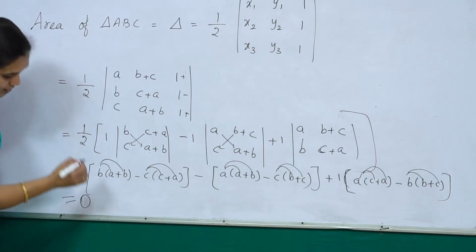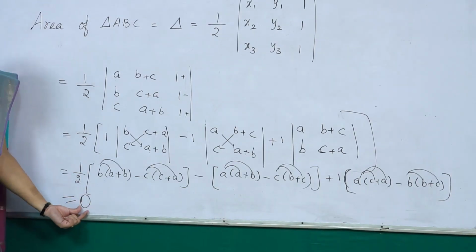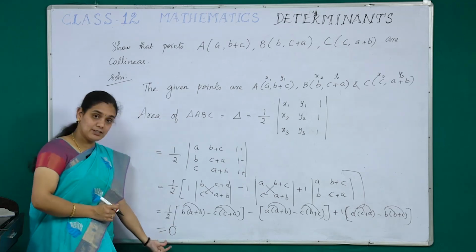So we get 0. So in that case, we are having the area of triangle as 0.